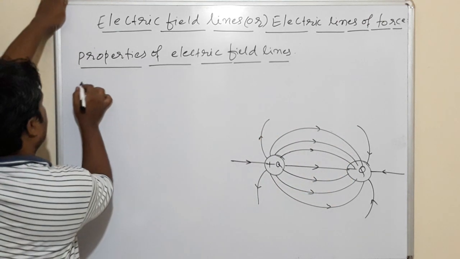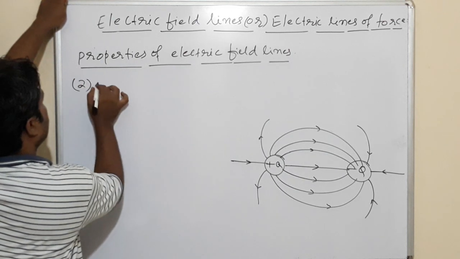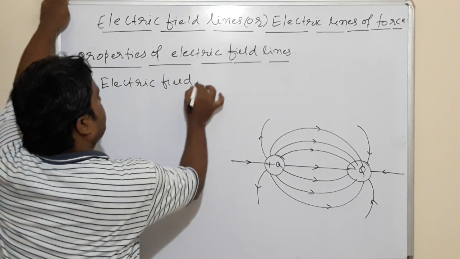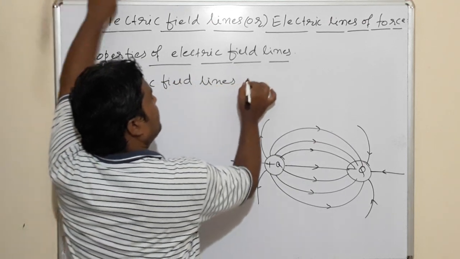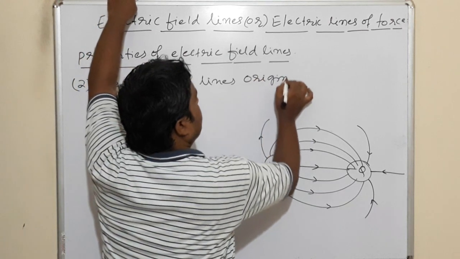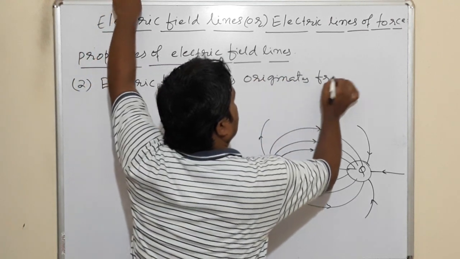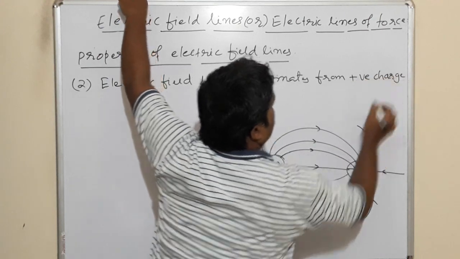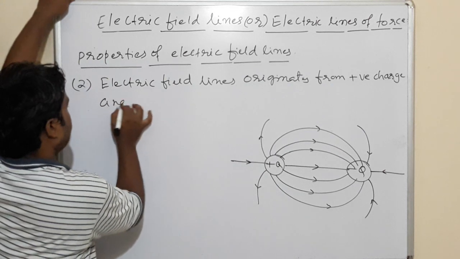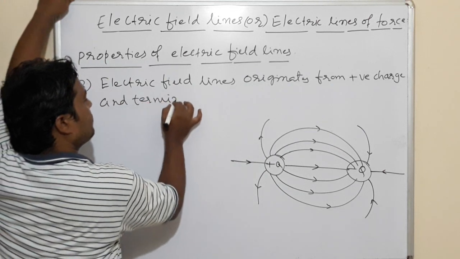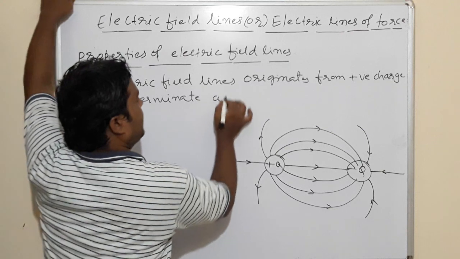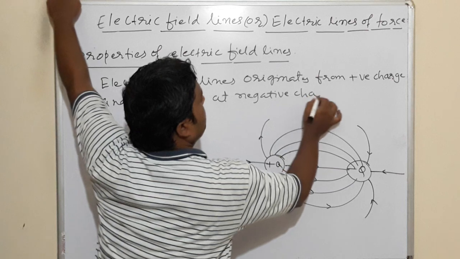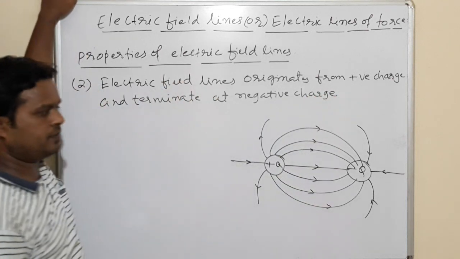That means we can write the second property. Electric field lines originate from positive charge and terminate at negative charge.